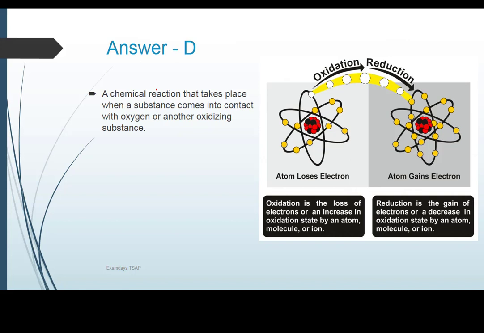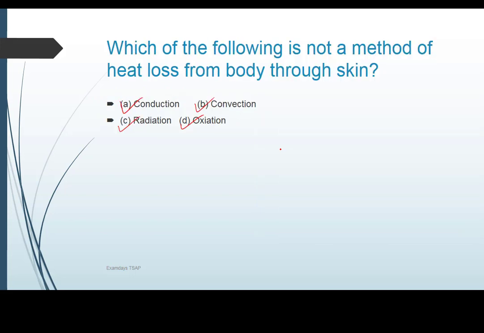Here is the image as given. Oxidation is a loss of electrons or an increase in the oxidation state of an atom or molecule. But heat loss from the body through skin is not oxidation.